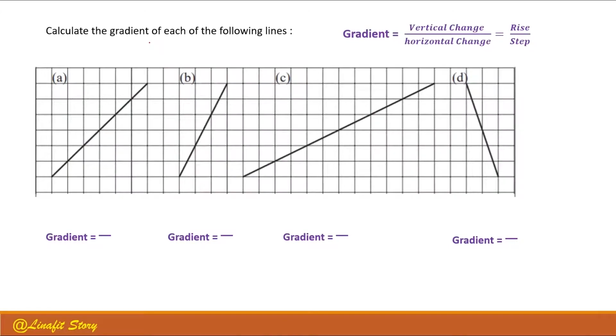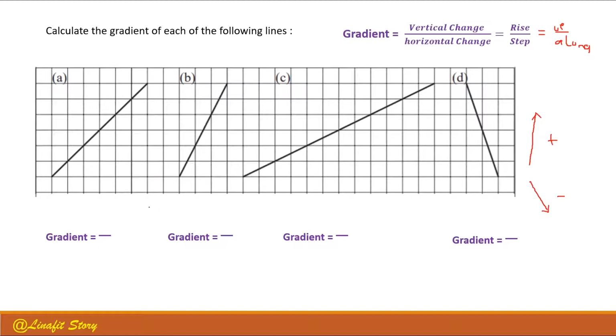Calculate the gradient of each of the following lines. Remember, to get the gradient, it's vertical change out of horizontal change, or rise out of step, or how far up out of how far along. And if a line slopes upwards, its gradient is positive. And if a line slopes downwards, its gradient is negative.